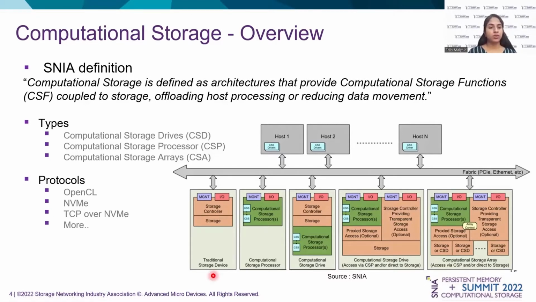The next one is a computational storage processor where the FPGA drive fits in the SSD drive in the standard slots and communicates with other SSDs over PCIe. The one shown to the right is a computational storage array where the FPGA acts as an accelerator inline in between CPU and SSD. The one shown in between is the computational storage drive where the accelerator is embedded within the SSD. Acceleration scales with the number of SSDs here.